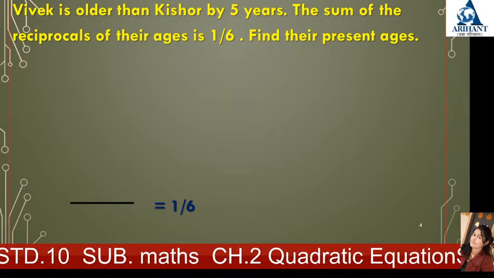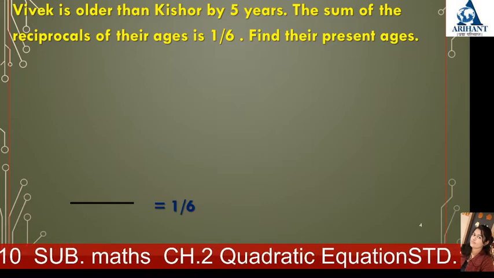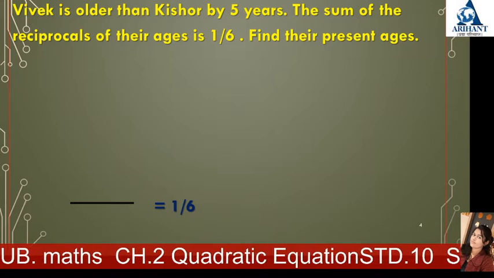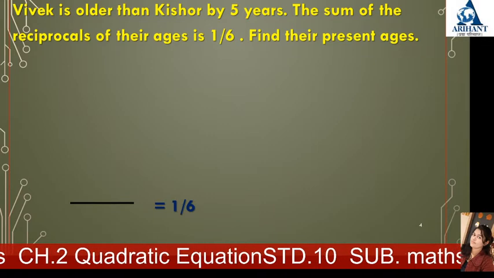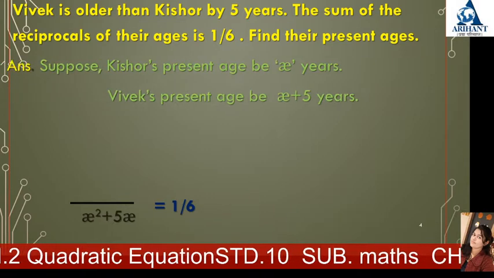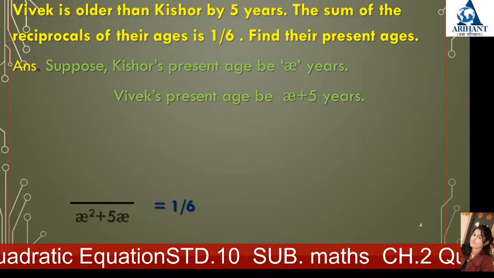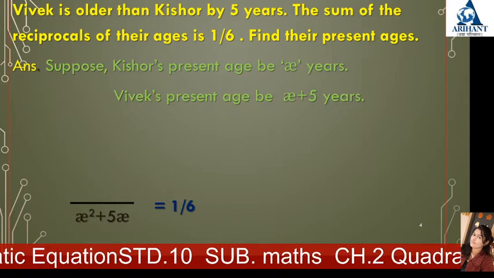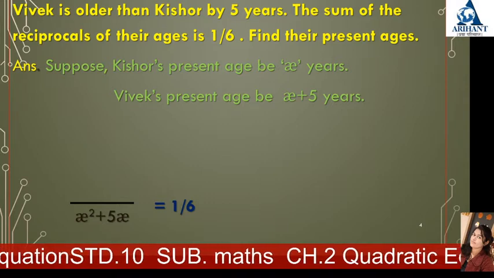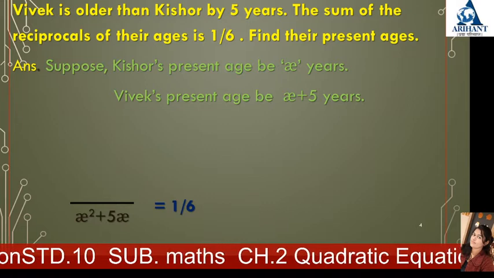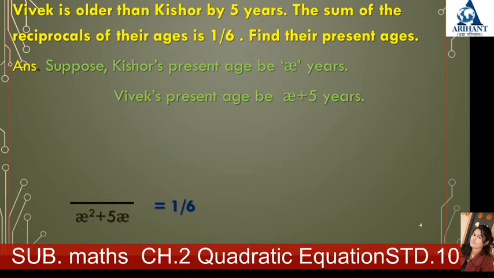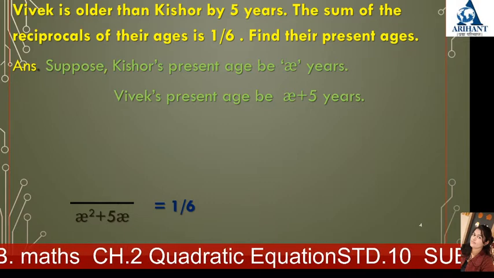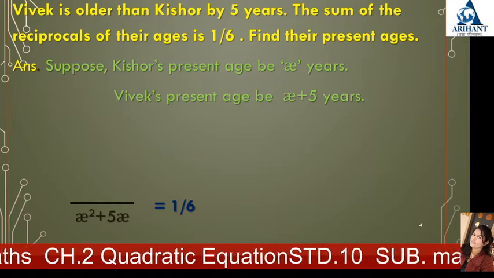The sum of the reciprocals, you should know, is in the form of fractions. The sum of the reciprocals of their ages is 1 by 6. So find their ages. Let's suppose Kishore's present age be x years. And what will be Vivek's age? Then Vivek's present age is x plus 5, because he is 5 years older than Kishore.